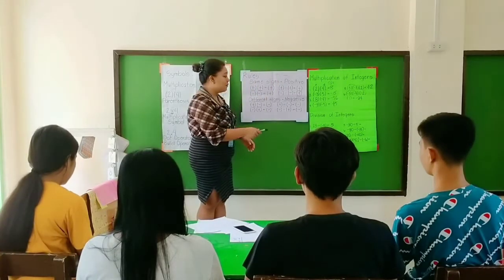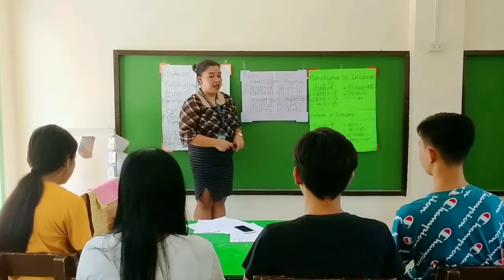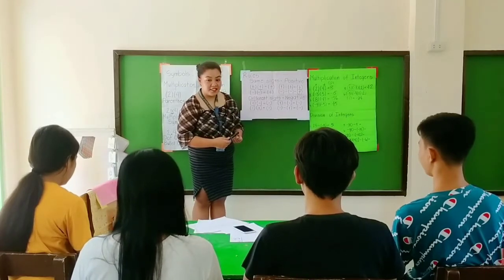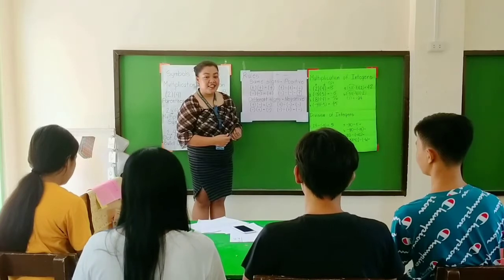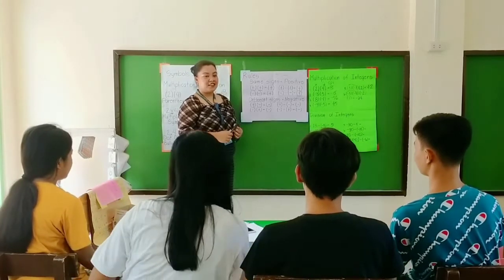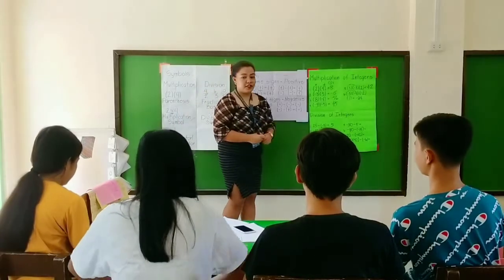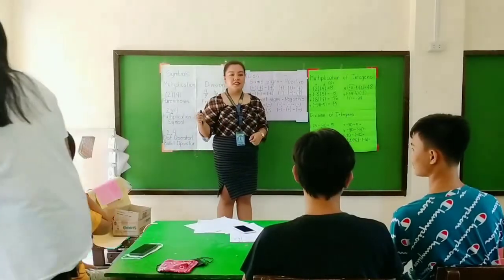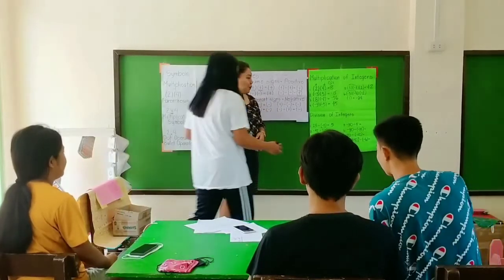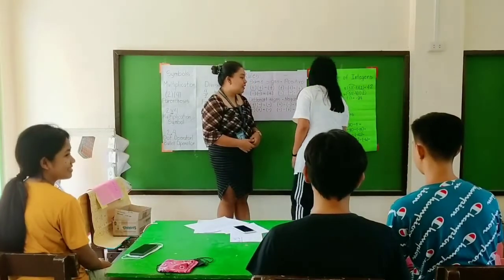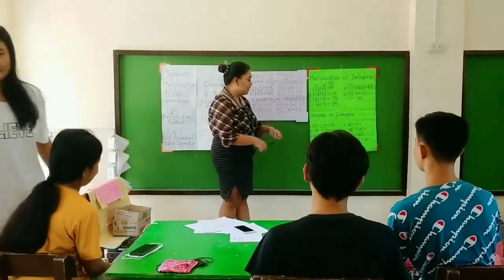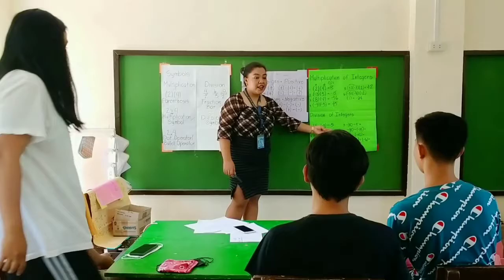Okay, Chelly, are you sure with your answer? No, ma'am. Can I correct my answer? Okay, you can correct your answer. So that is negative 5. Okay, very good, Jenny.